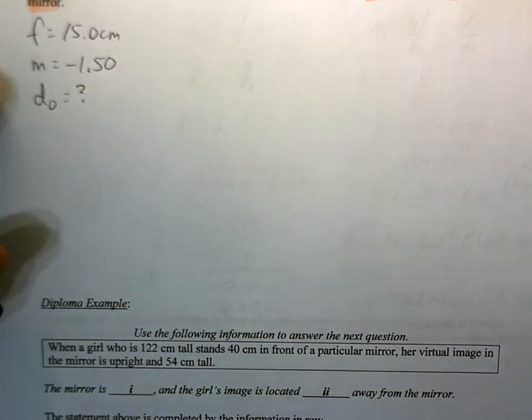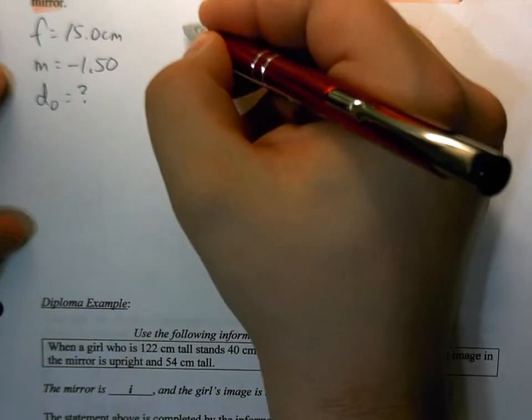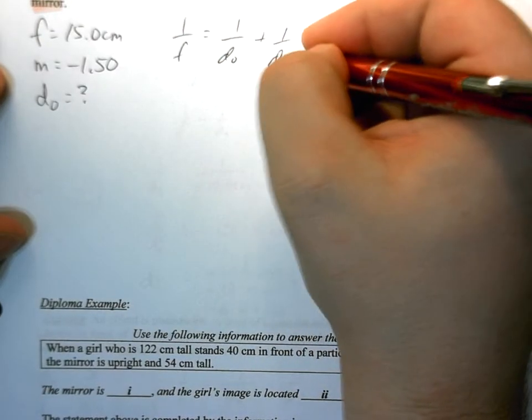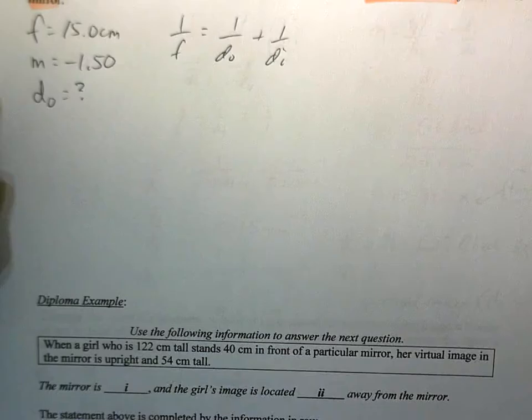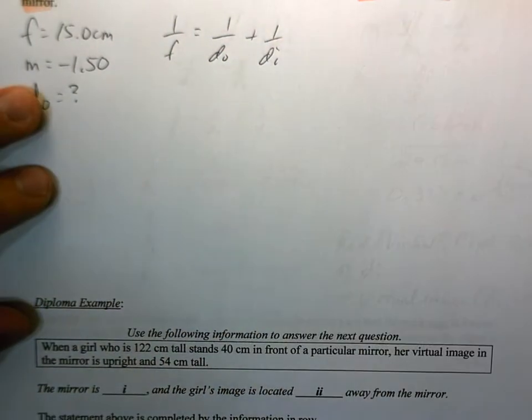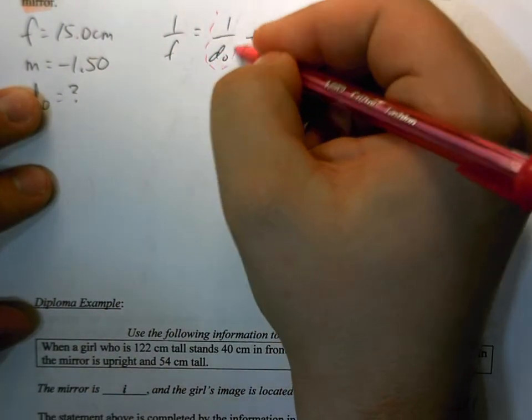Now with that said, let's see what we got going on here. So we have our mirror equation, 1 over DO plus 1 over DI. We would like to find DO, but let's rearrange this for 1 over DO, keeping it by itself.